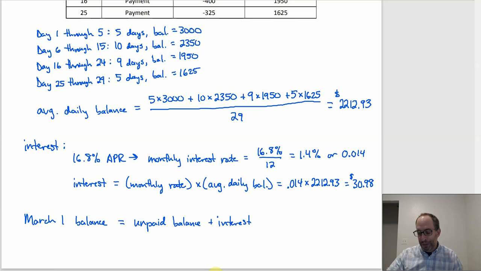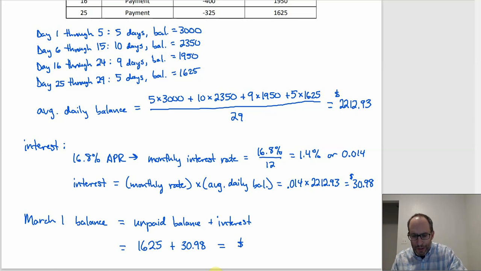Because after that third payment, it was $1625 and there was never another payment after that. So right at the end of the month, that's still what it's going to be. So $1625 for the unpaid balance plus $30.98 in interest would be a balance at the beginning of March of $1655.98.